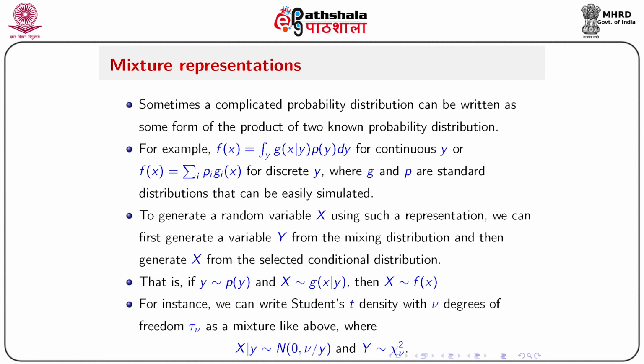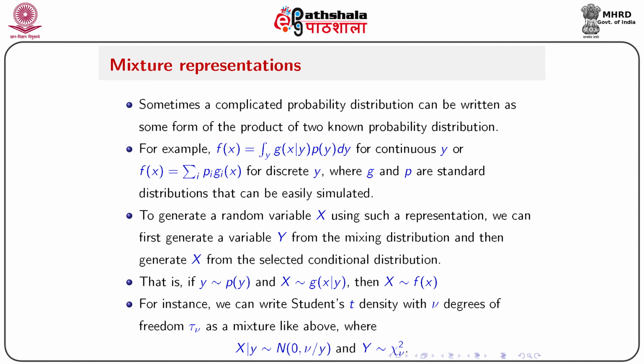To generate a random variable x using such representation, we can first generate a variable y from the mixing distribution, the marginal distribution, and then generate x from the selected conditional distribution.